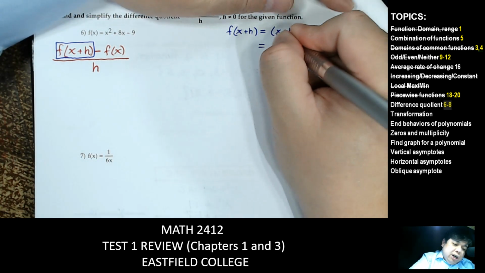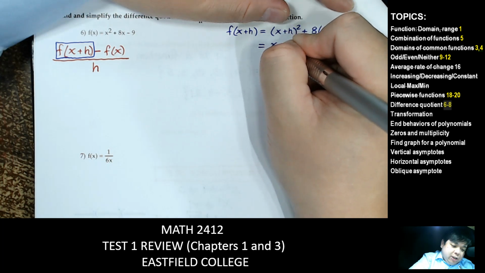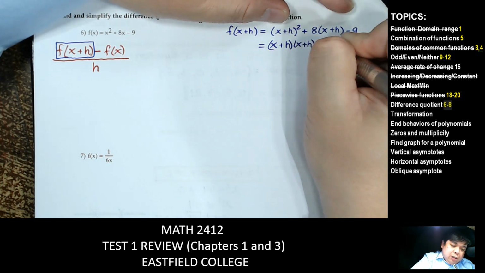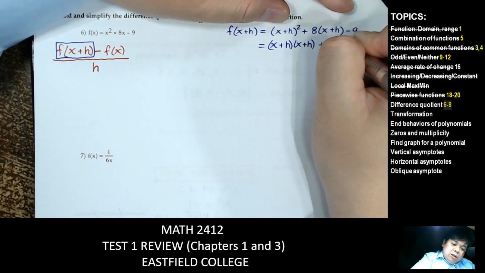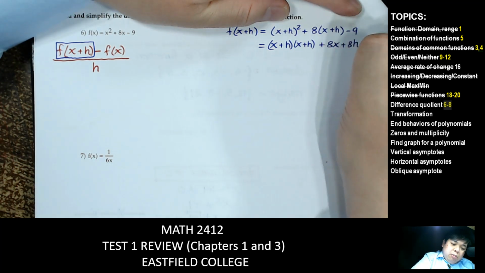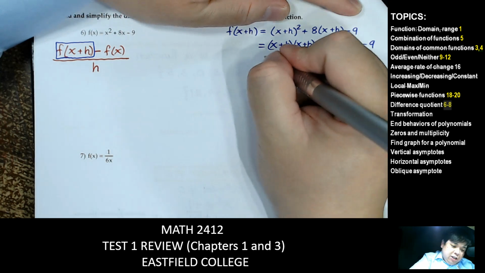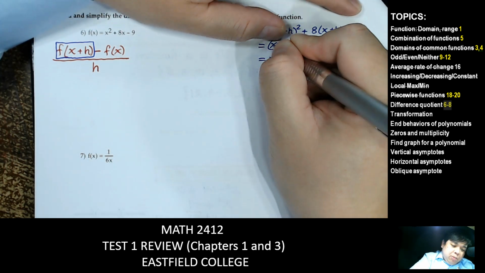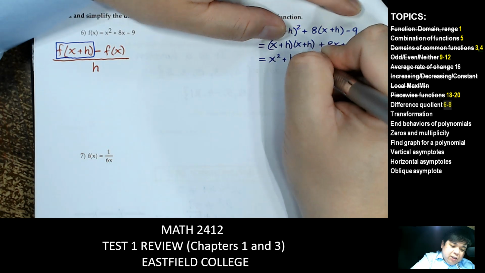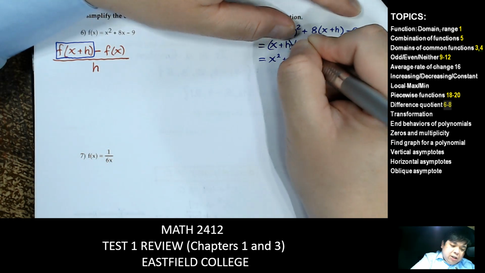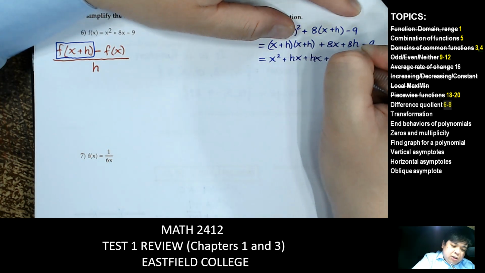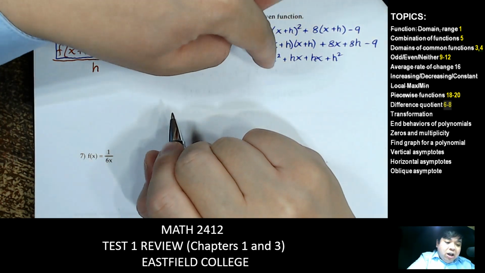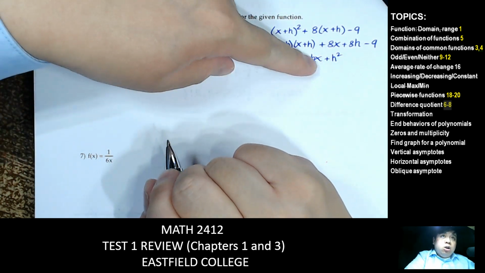So x plus h squared plus a times x plus h minus 9, and multiply this out. x squared plus hx plus hx and plus h squared. Make sure we multiply this out. It is not x squared plus h squared. They are the middle terms here.